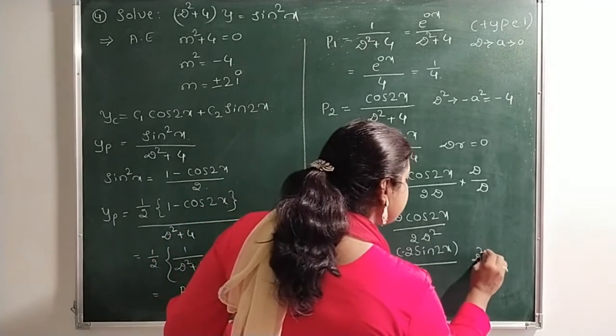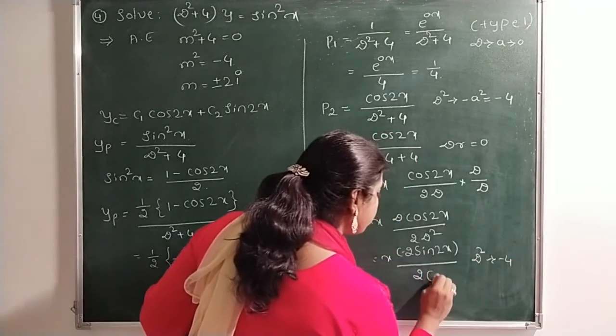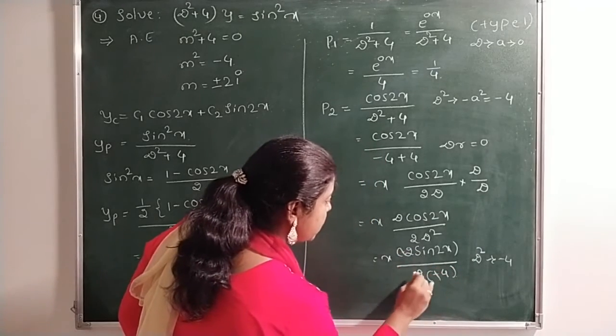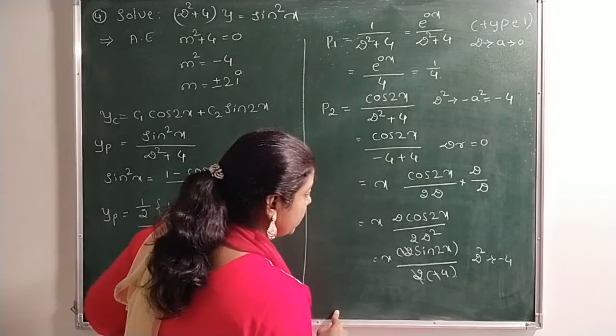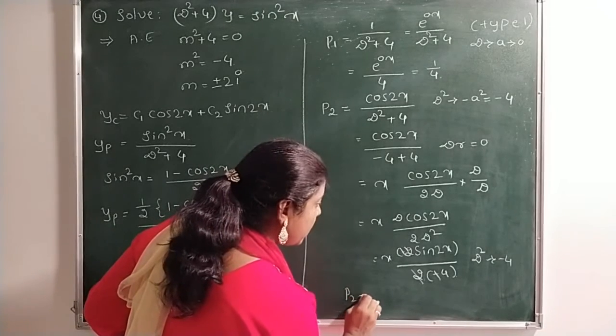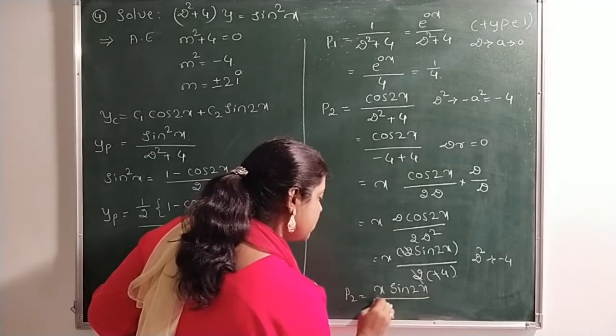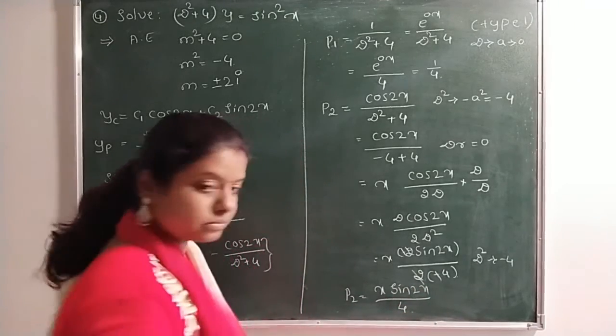Again we have to replace D square as minus 4. Minus 4, this minus gets cancelled, this 2 gets cancelled. Our P2 becomes x sin 2x divided by 4.